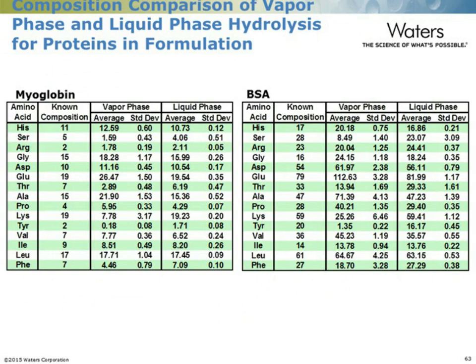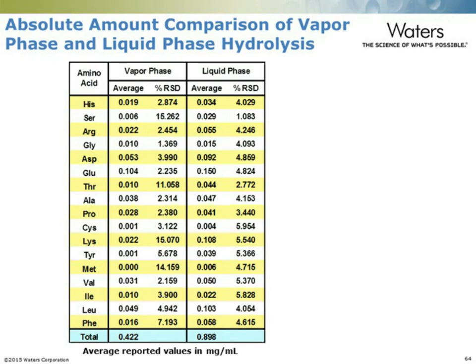The compositions do change slightly when we go to the liquid phase, but the biggest change is in the absolute amount of the amino acids. The absolute amount comparison shows that the yield is on the order of twice as great doing liquid phase hydrolysis.